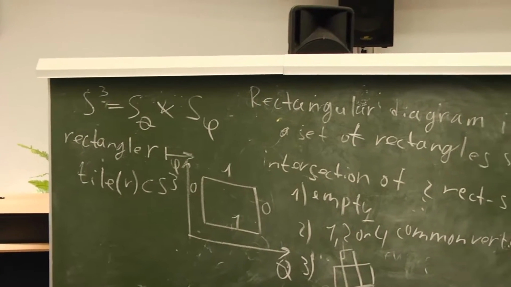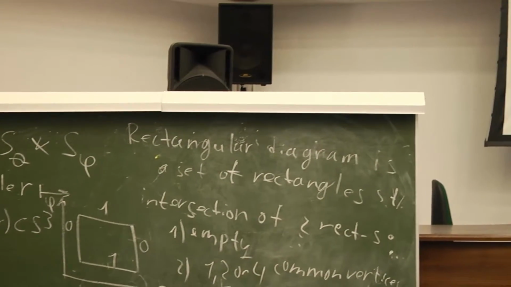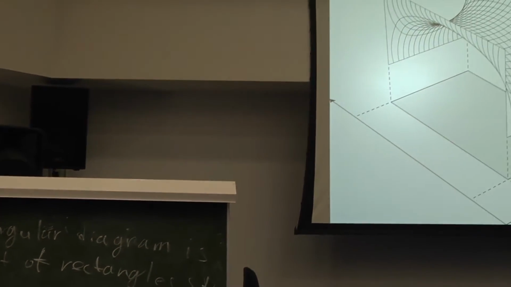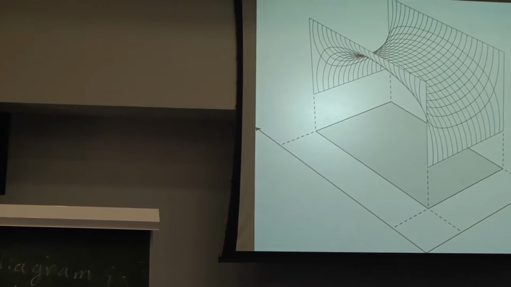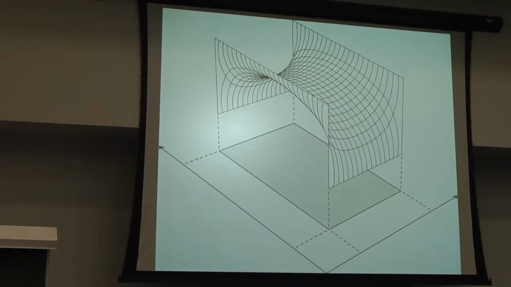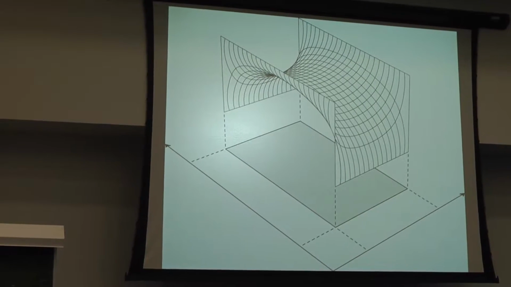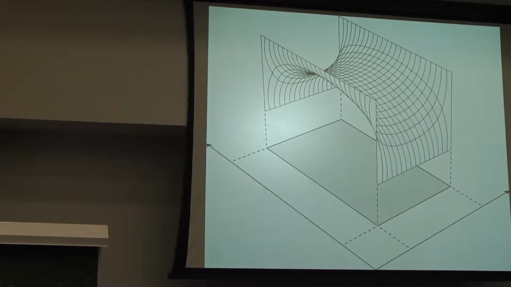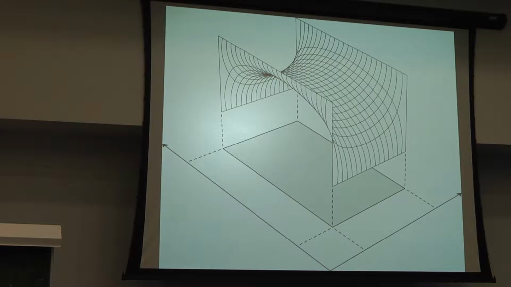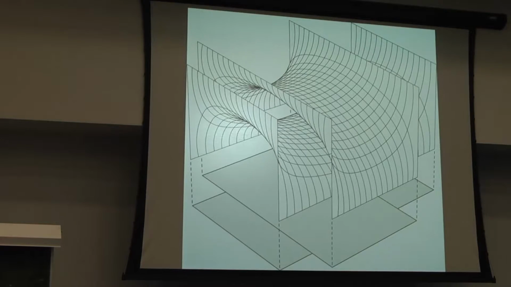All these points lie on the circle of the join, and all these points collapse into one point, and you obtain a picture like this.